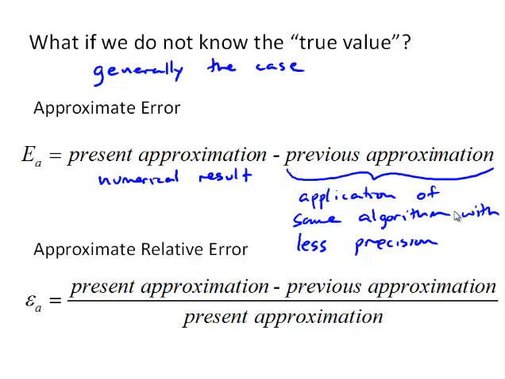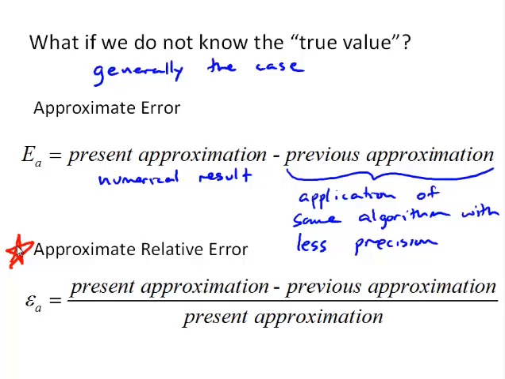And we'll talk more about what that specifically means in the context of each numerical method where approximate error is a relative method. Now again, because approximate error doesn't give us a true sense of the magnitude of an error, it's much more common that we'll use approximate relative error, denoted by epsilon a, and that is given by the present approximation minus the previous approximation, all divided by the present approximation.